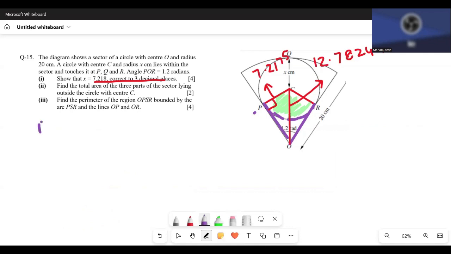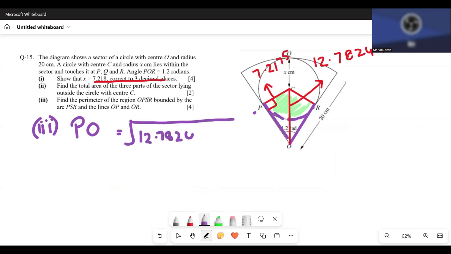So PO would come out to be the square root of 12.78247 squared minus 7.2175 squared, which is 10.5498.